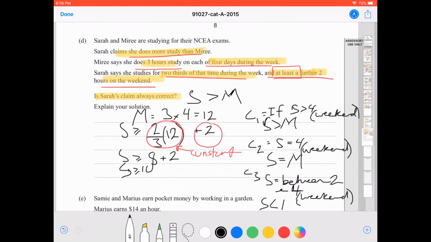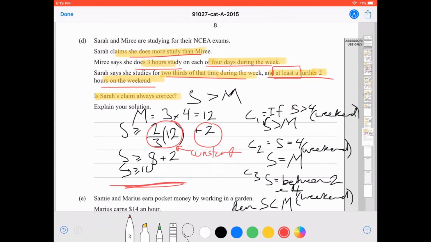S is less than Marie. And that's also true, and that's what we were getting at basically in our first scenario there, where she studied for 2 hours on the weekend, and that ended up making for 10 hours in total, and that's less than Marie, obviously.